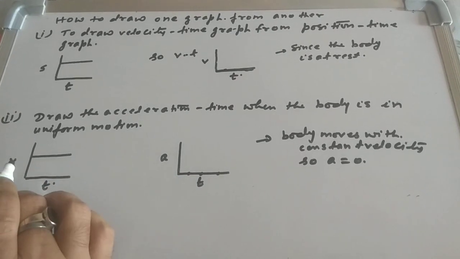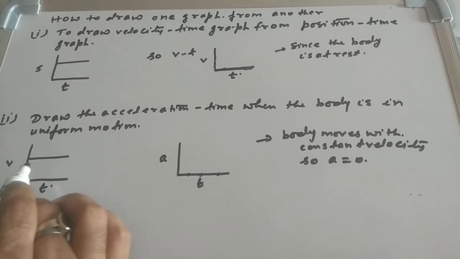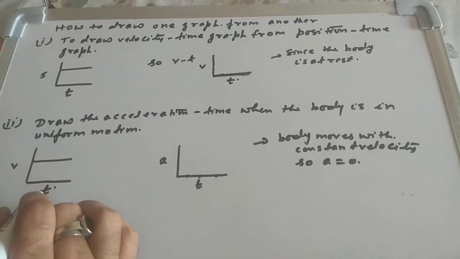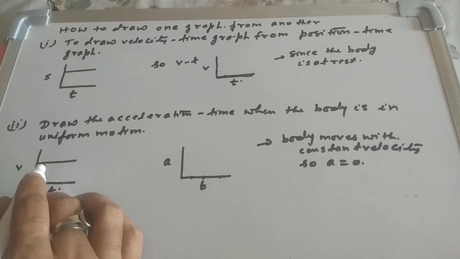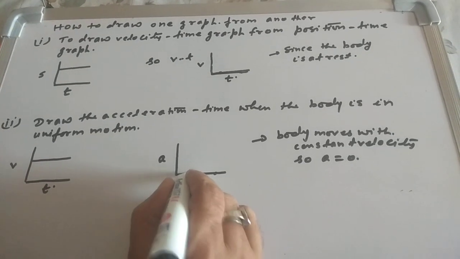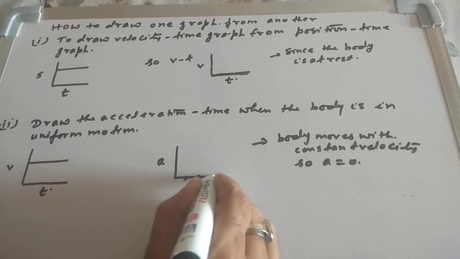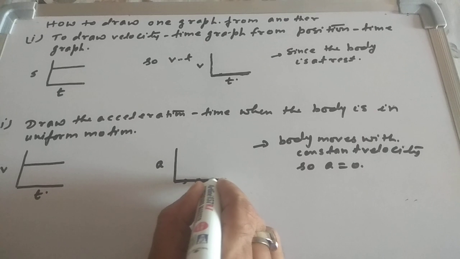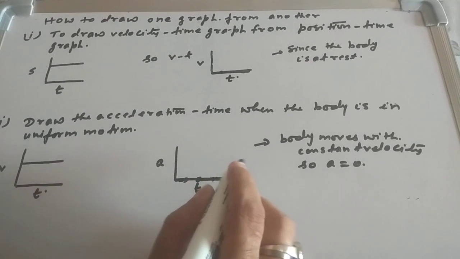Since the velocity is constant, again it will be a line parallel to the time axis. The acceleration-time graph will be 0, as you know that the rate of change of velocity is acceleration, and it will be on the x-axis.